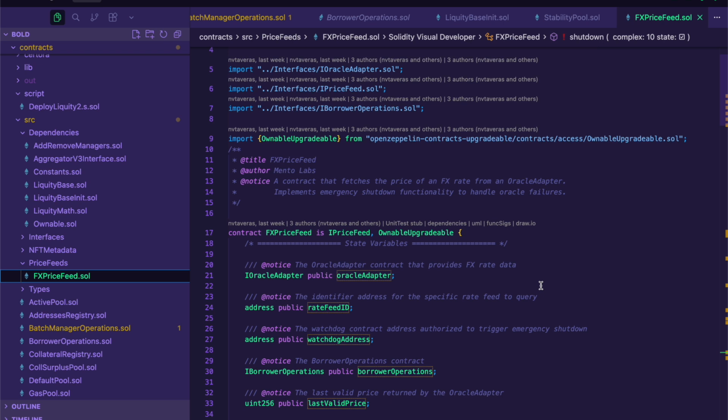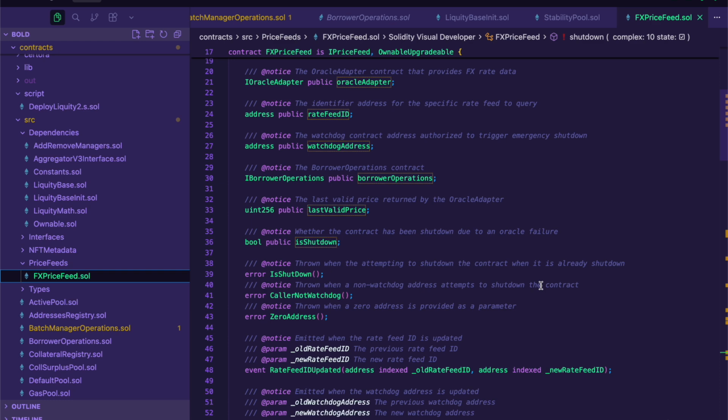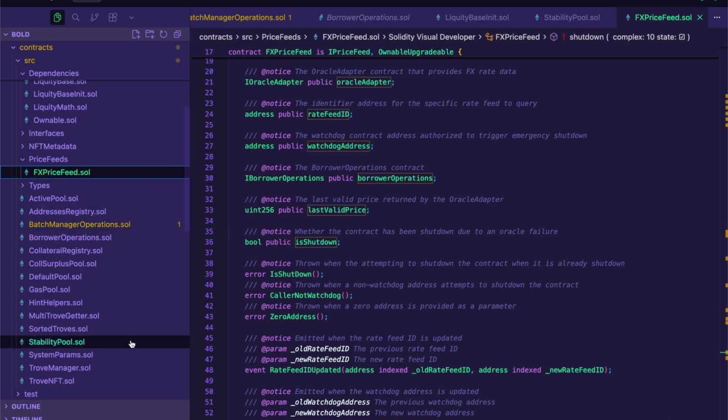We use this FX price feed contract to interface with the oracle adapter to get price information. One other thing to mention is, as you can see, we don't have the BOLD token contract because we removed it. Instead, we use our own stable token v3 implementation, which we're going to talk about later in the Mento core components.